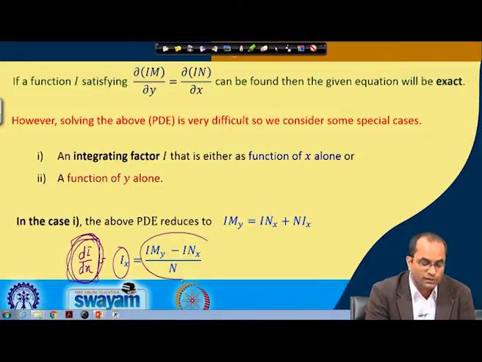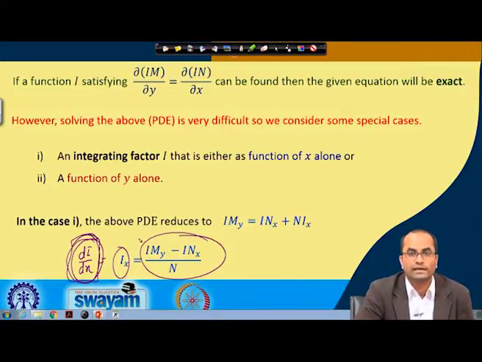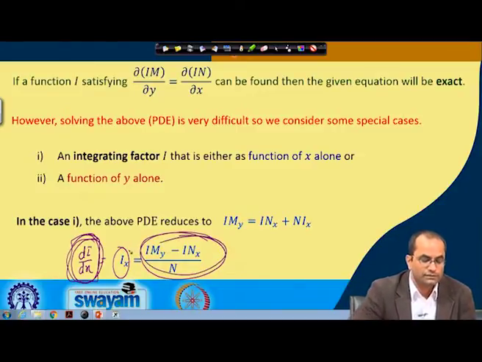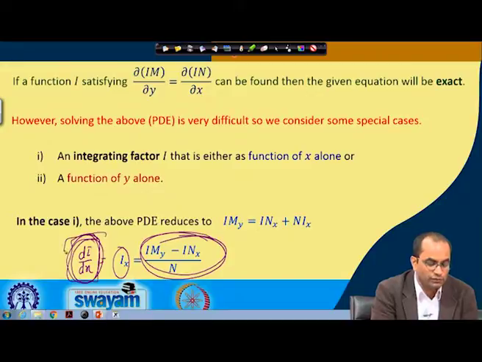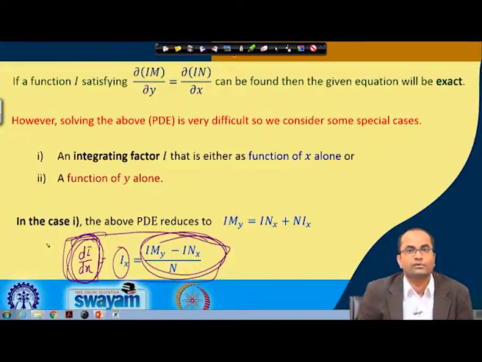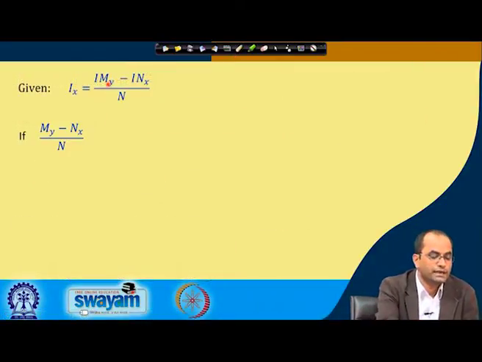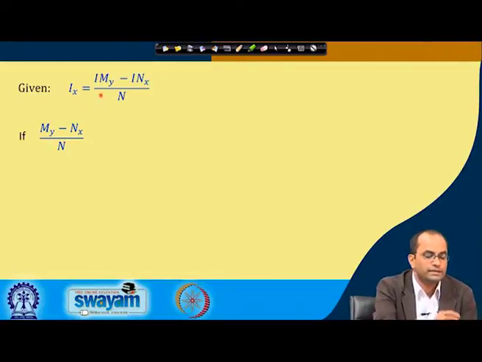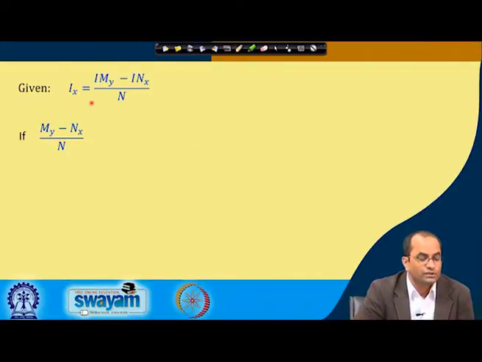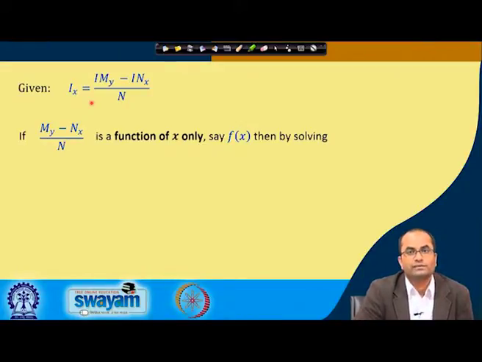So, if this one here is a function of x alone, then we can solve perhaps this ordinary differential equation to get this I, the integrating factor. So, our next assumption would be that this (M_y minus N_x) over N, because I is anyway a function of x, is a function of x only.